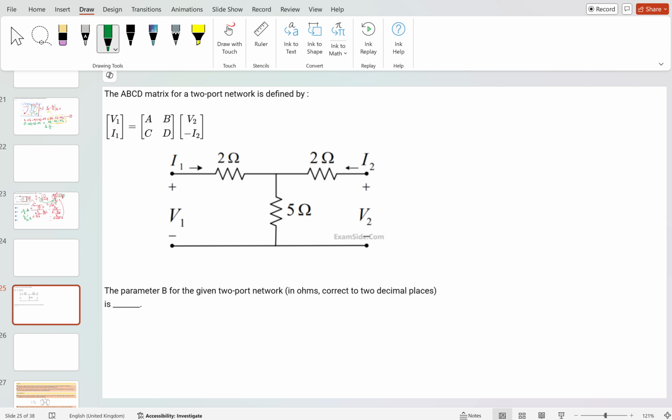Last 1 minute. Don't take much time to solve this, because we have already seen this kind of problem. Take 1 more minute to solve.